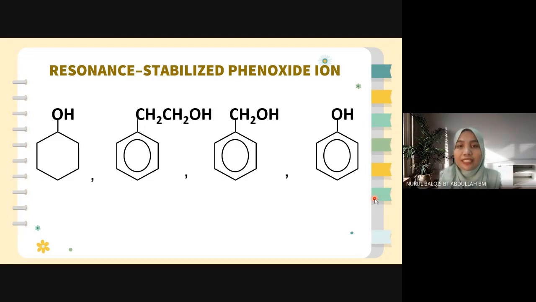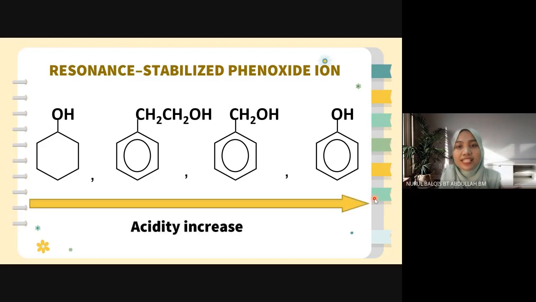Nanti awak akan diperkenalkan dengan electron withdrawing group pula dalam basicity. Okay, tapi for now kita belajar acidity, kita tahu yang resonance effect dan juga size of your alkyl group tu akan affect your acidity. So from cyclohexanol to 2-phenyl ethanol to phenyl methanol to phenol, acidity increases.